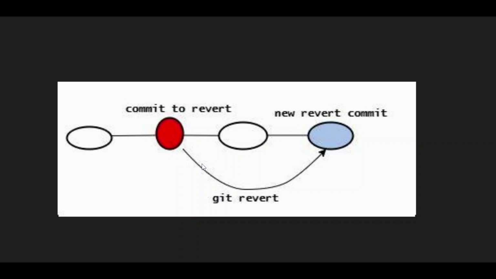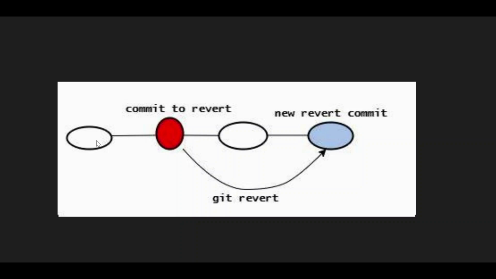Okay, when you run git revert and give the commit id of this particular commit, then it will create a new commit with the changes reverted, whatever is present inside this commit. Okay, so whatever is committed here will be removed and a new commit will be made inside our git.